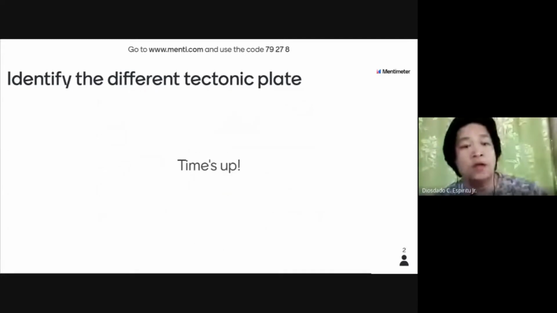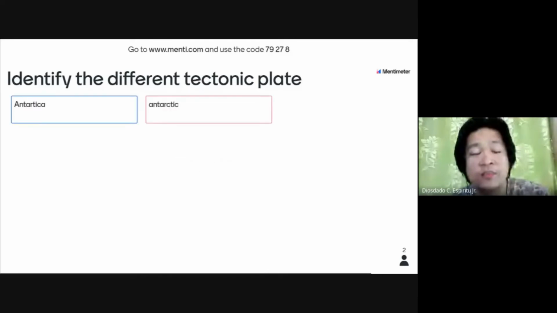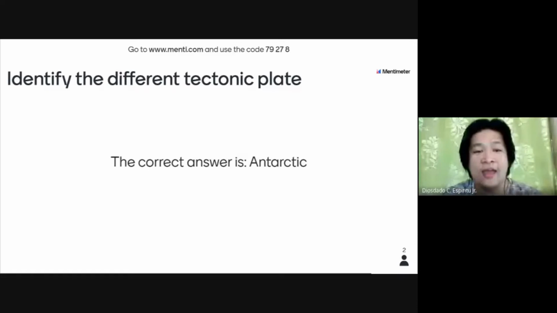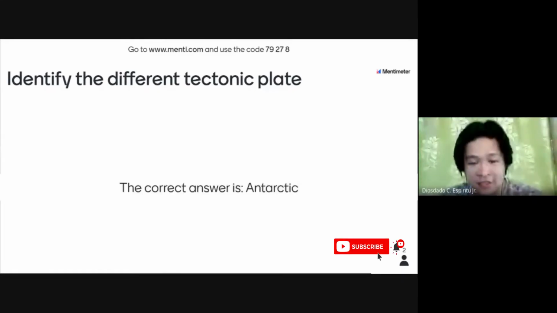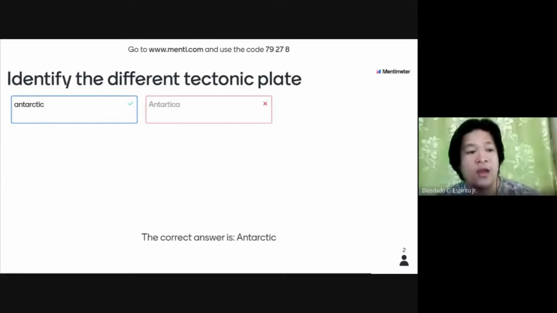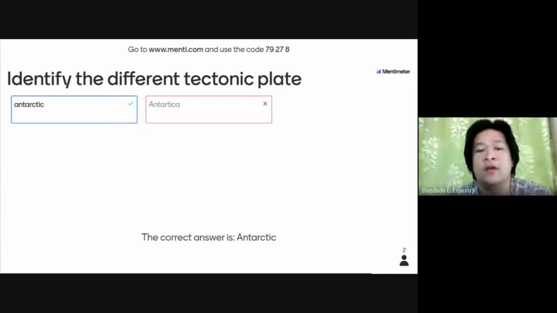So 2 successfully input their answers. Let's look at what their answers are. Antarctica and Antarctic. The correct answer is Antarctic. Okay, and who got the correct answer?